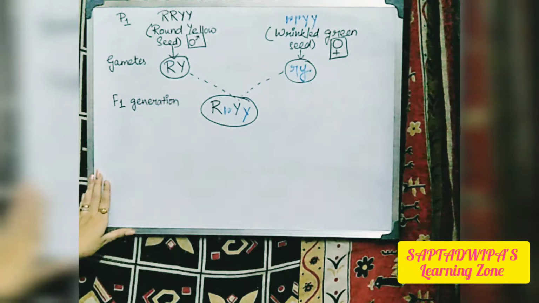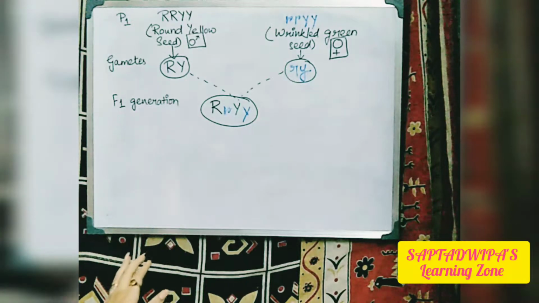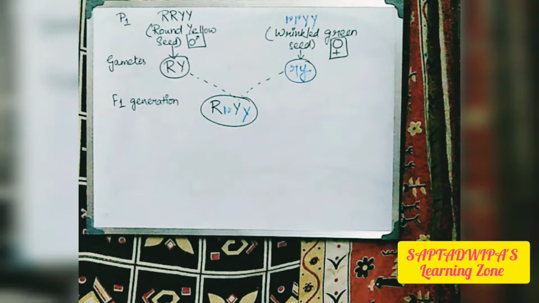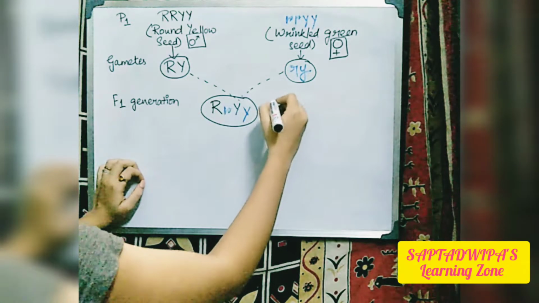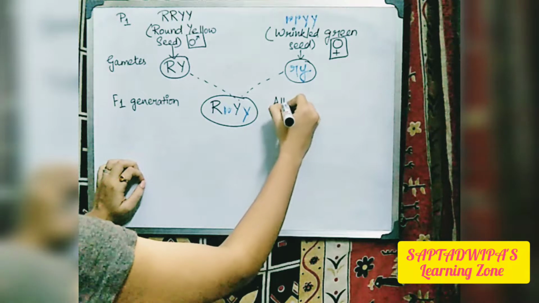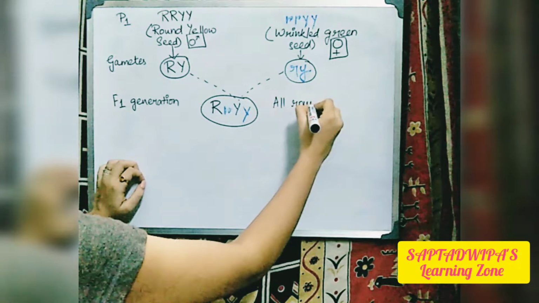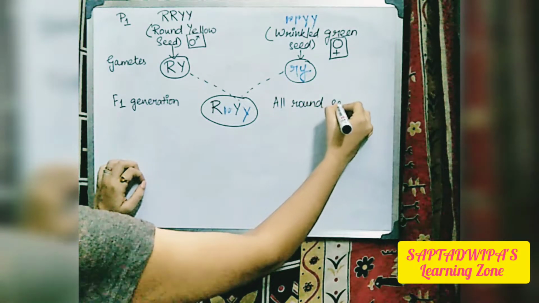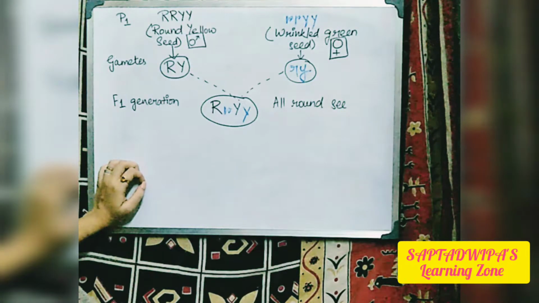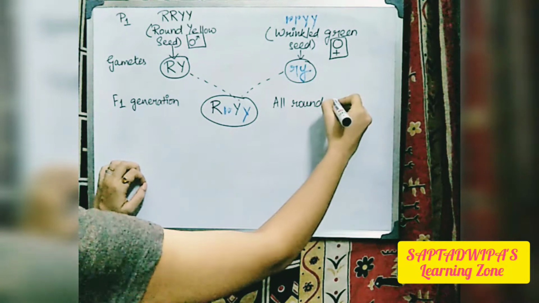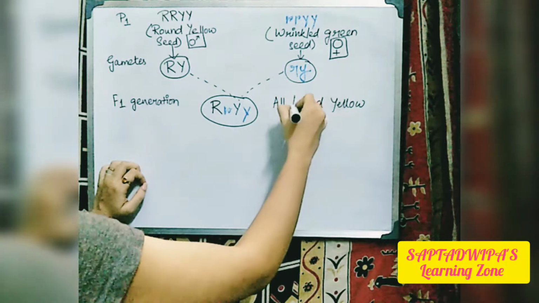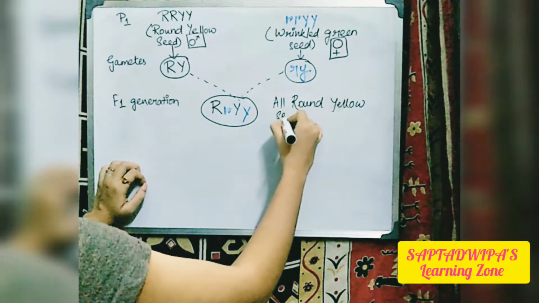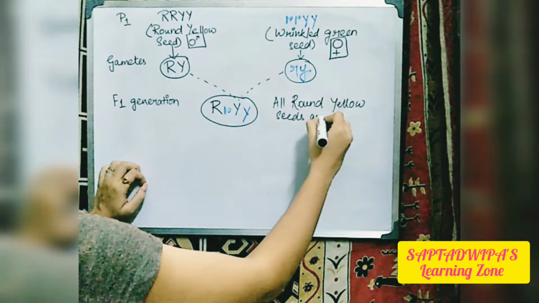Clear? Now, what is the nature of the seeds here? All round seeds are produced, and also yellow. So all round yellow seeds are produced.